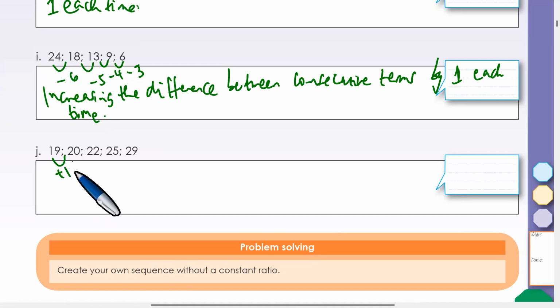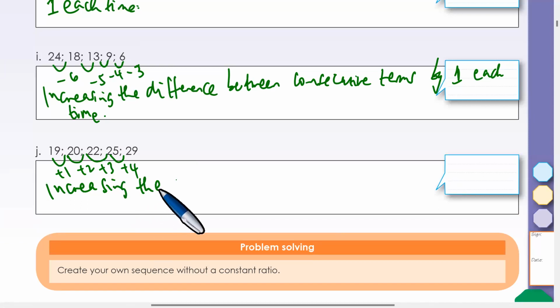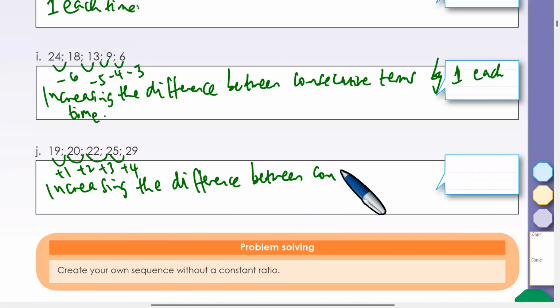One. And then here two, here three, and here four. So it's an increase, right? Yes, sir. We're increasing the difference between consecutive terms by one each time.